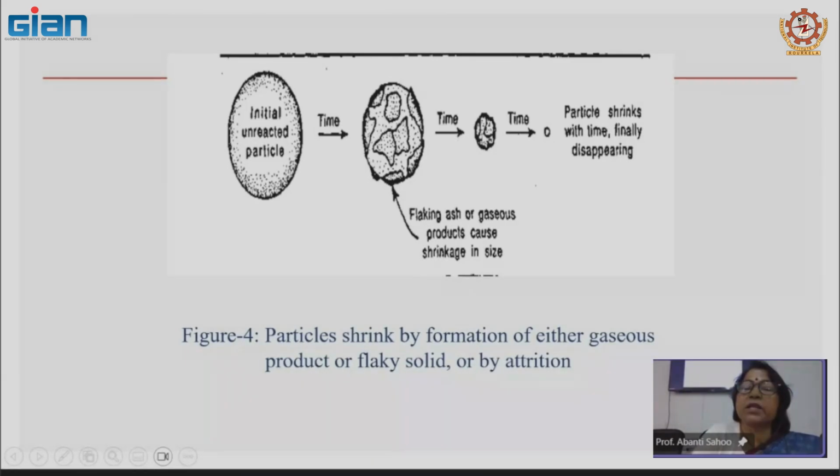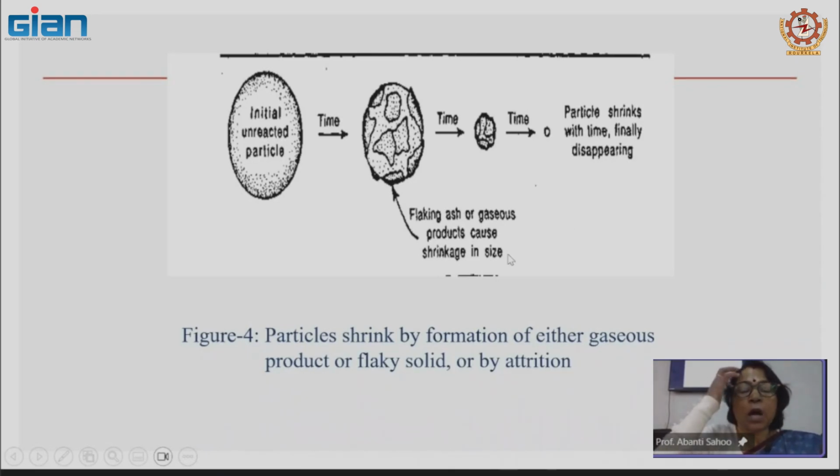Finally the size will be reduced here. So when coal burns, the particle may convert to a very small unreacted particle. That means the particle shrinks with time and may finally disappear. These are just examples of the shrinking core model.